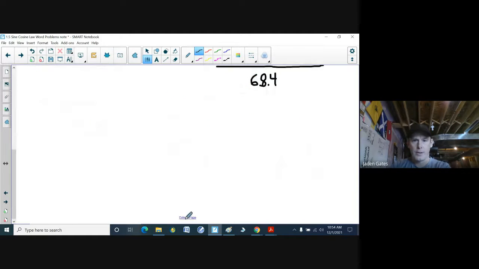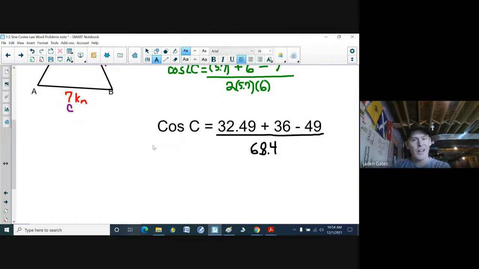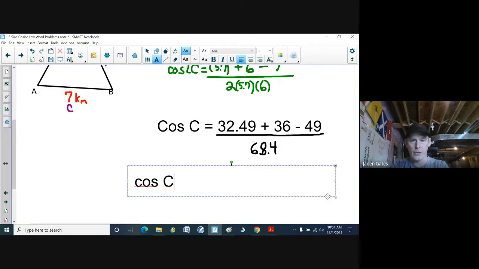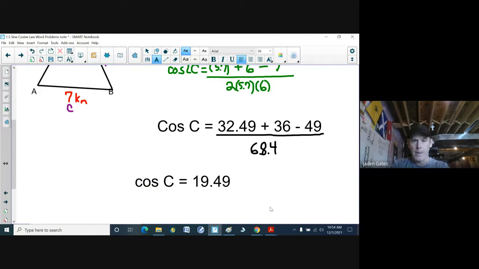All right. So again, I still got to simplify my numerator. So I got the cos of angle C. Let's see, put those numbers together. 32.49 plus 36, but yet minus 49. And I end up with 19.49. And again, my denominator here is 68.4.